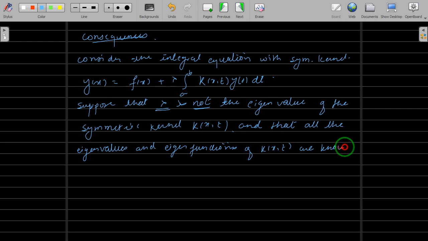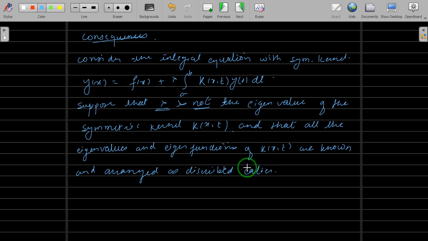We know all the eigenvalues and eigenfunctions, and we arrange them in the way we have discussed earlier, known and arranged as described earlier.